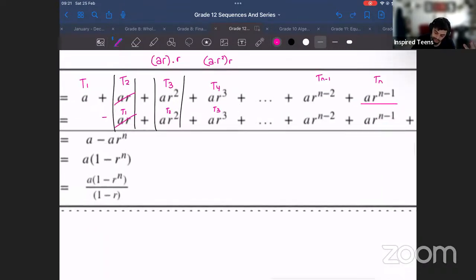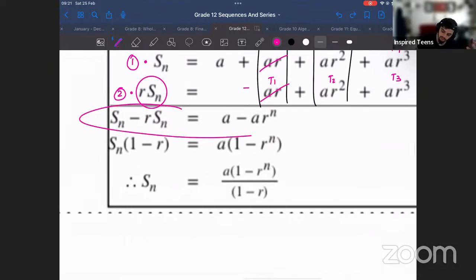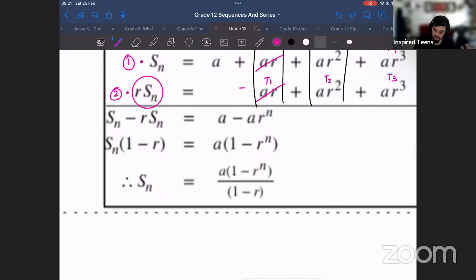Okay, now we are actually getting somewhere. If we look at this, we have Sn minus R times Sn is equal to A minus A times R to the n. Here we can take a common factor of Sn. Again, I know these are weird things you're not used to, but I'm hoping you get the gist of what's going on. And then you need to memorize this proof, for when it comes out in the exam.